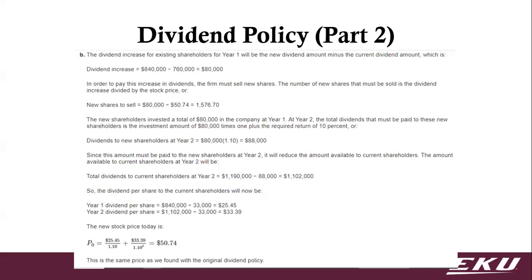And the big takeaway is since we're paying the same 10% for these new shareholders as we did the old shareholders, it basically ends up being that if we were to balance the payments out so that you receive more in year one, you're going to receive less in year two. Again, you're indifferent, because you're going to receive the money.